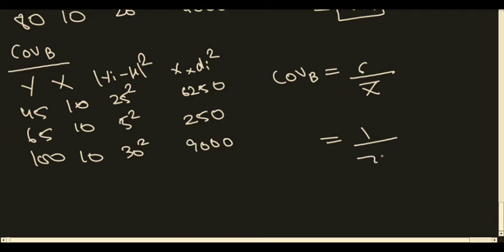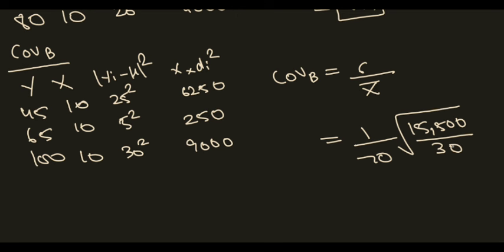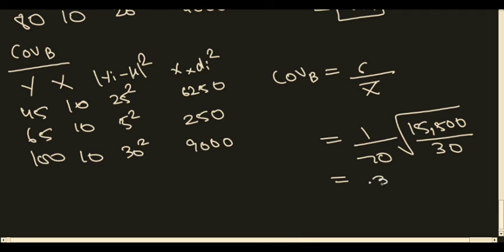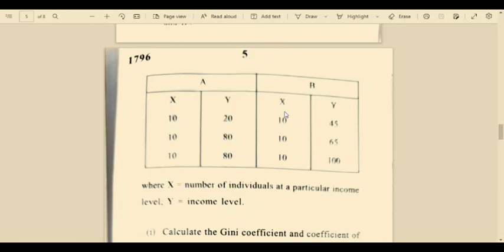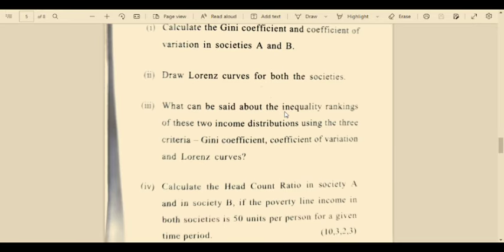This would come out to be 1 upon 70 under root of 15,500 whole upon 30, which is 0.324.